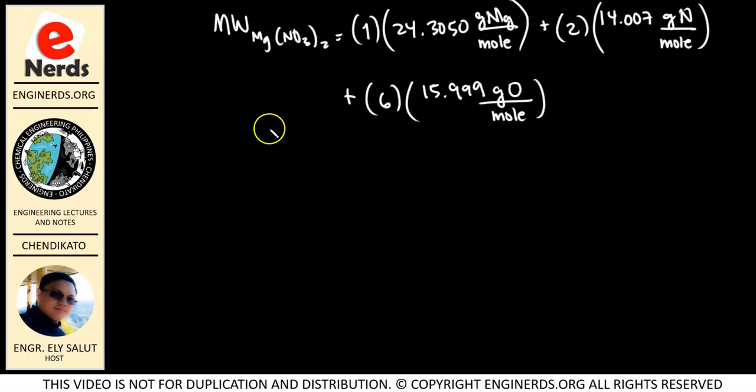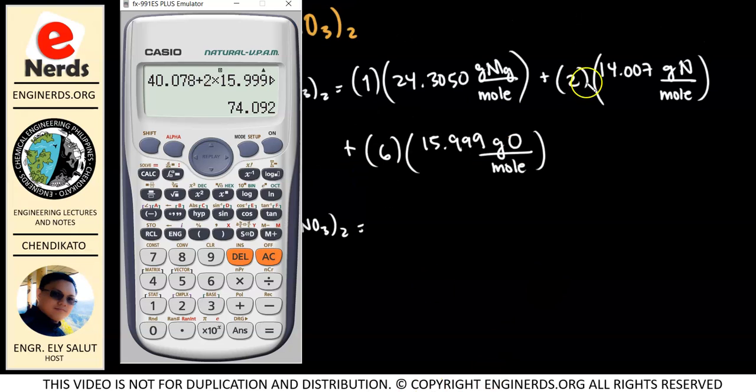Okay, so now we have the molecular weight of our Mg(NO3)2, which is equal to, let's use our calculator again.